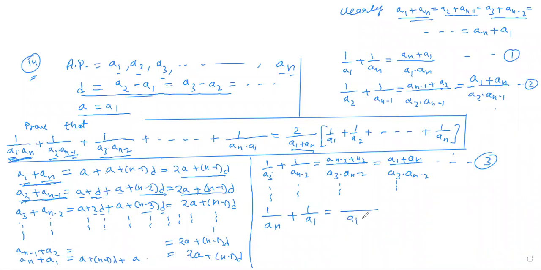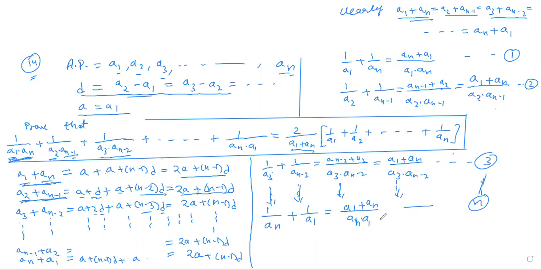Again the LCM is the same, a1 an, and the numerator is a1 plus an again, and this is the nth equation. This is first, second, third, fourth, fifth, and up to n minus 1 we have not written, as we don't know the value of n, so we have to use this type of notation. Okay, so it is the nth equation.